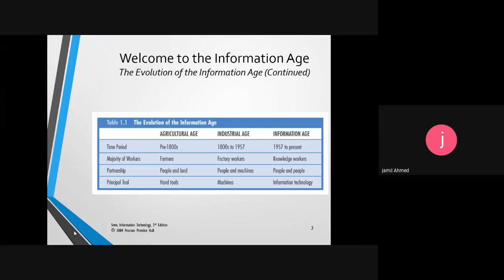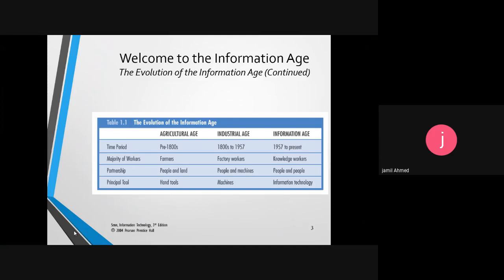While from 1957 computational technology is available, that's why we are able to say that information has been digitally processed. The majority of workers in that particular period were farmers, people, and land and hand tools. These were the principal tools.